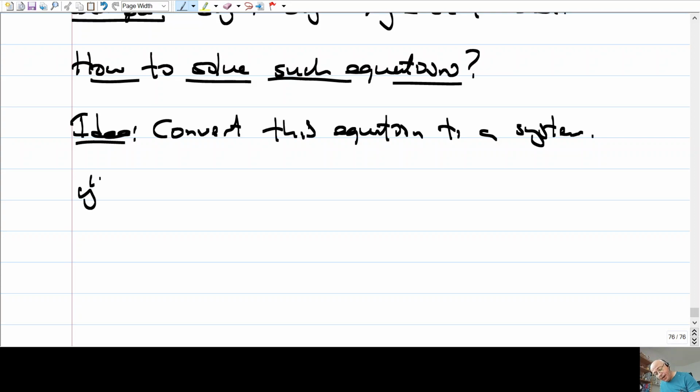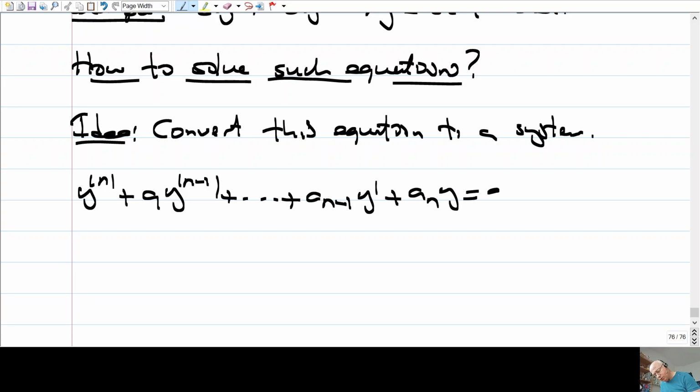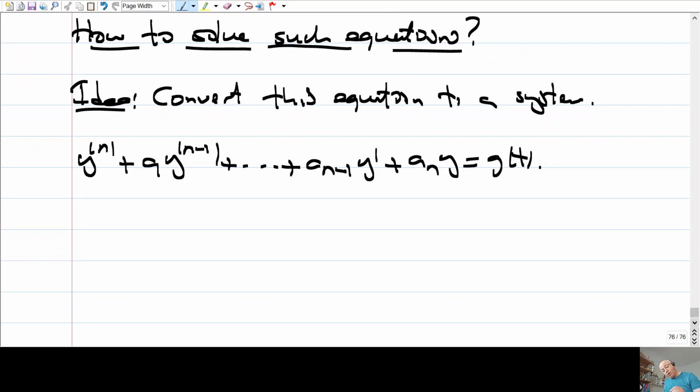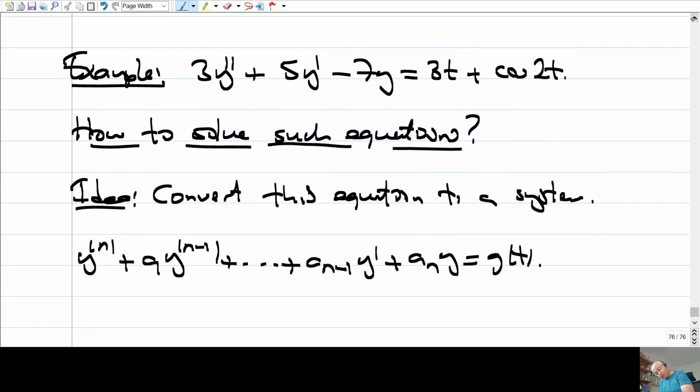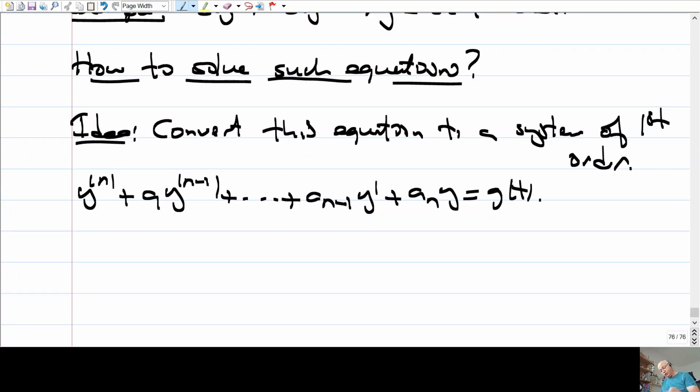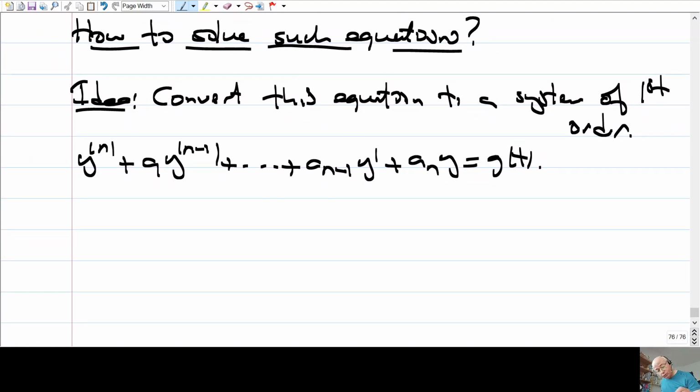So let's say we have the nth derivative of y, plus a1 times the n minus first derivative, and it goes like this, plus a_(n-1) y prime plus a_n y equals g(t). So how do we change this to a system, a system of first order?